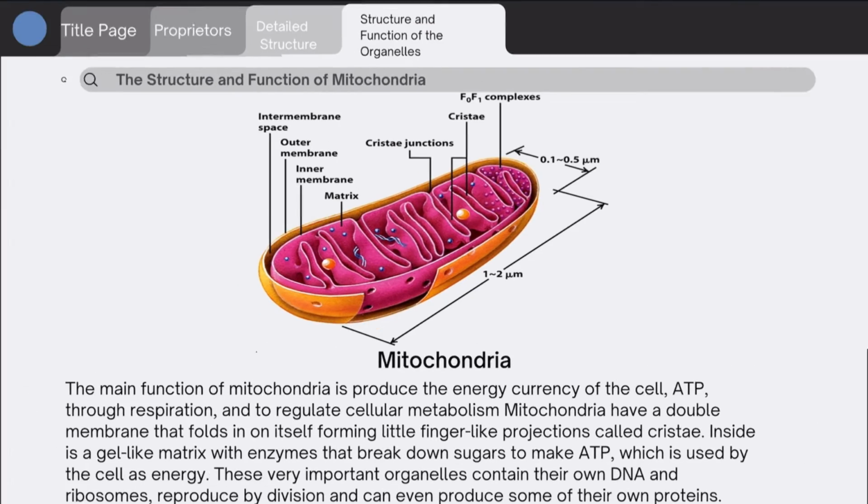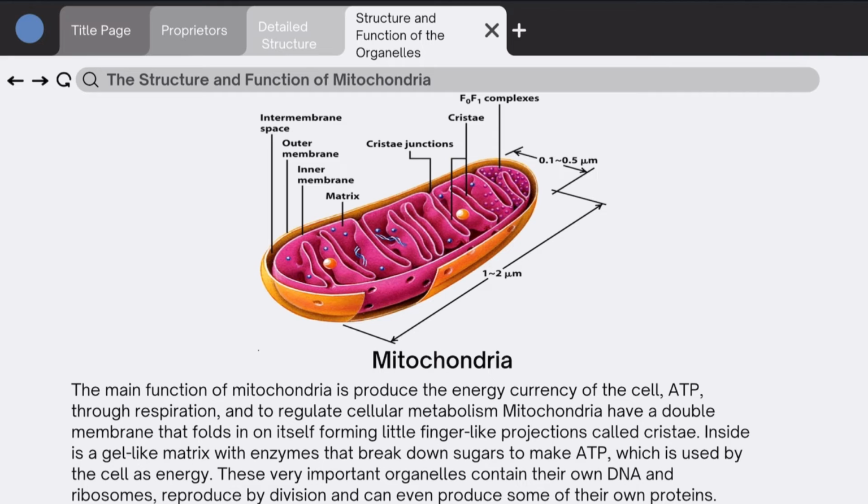Okay. Next, mitochondria. The main function of mitochondria is to produce the energy currency of the cell, ATP, through respiration and to regulate cellular metabolism. Mitochondria have a double membrane that folds in on itself, forming little finger-like projections called cristae.